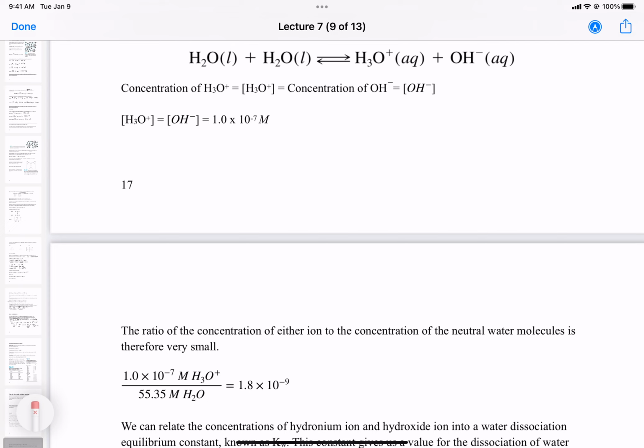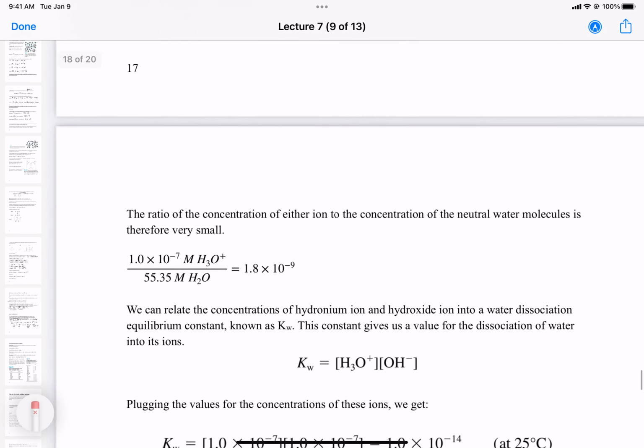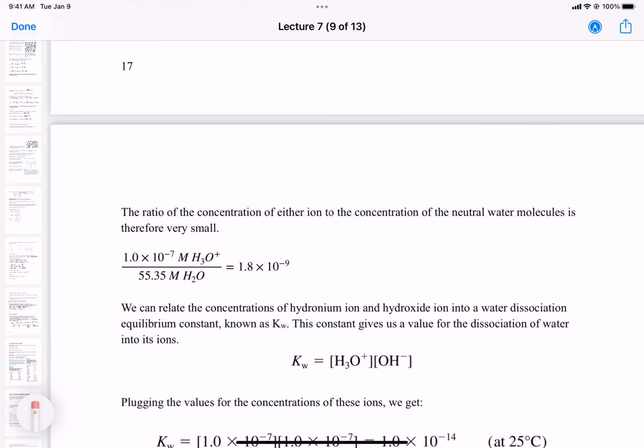Okay. So this is what we call pH calculations. We're going to talk about pH calculations. We can calculate the amount of hydronium ion and hydroxide ion by using what we call the water dissociation constant, or Kw. Kw is the ionization constant for water.